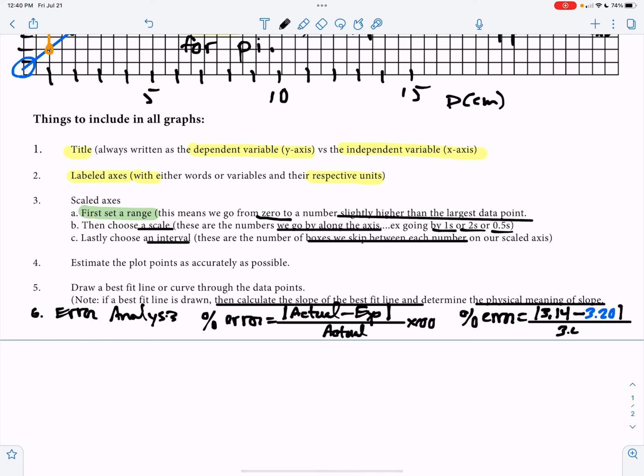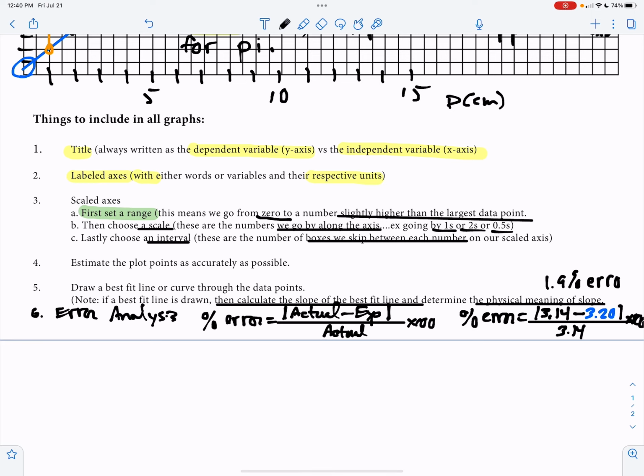And then divide that by 3.14. Right? Times 100. So if we do that, we get 3.14 minus 3.2 is a negative 0.06. Divided by 3.14 times 100, and I have about a 1.9% error. Okay, so that's about 1.9% error, which is pretty darn good, right?